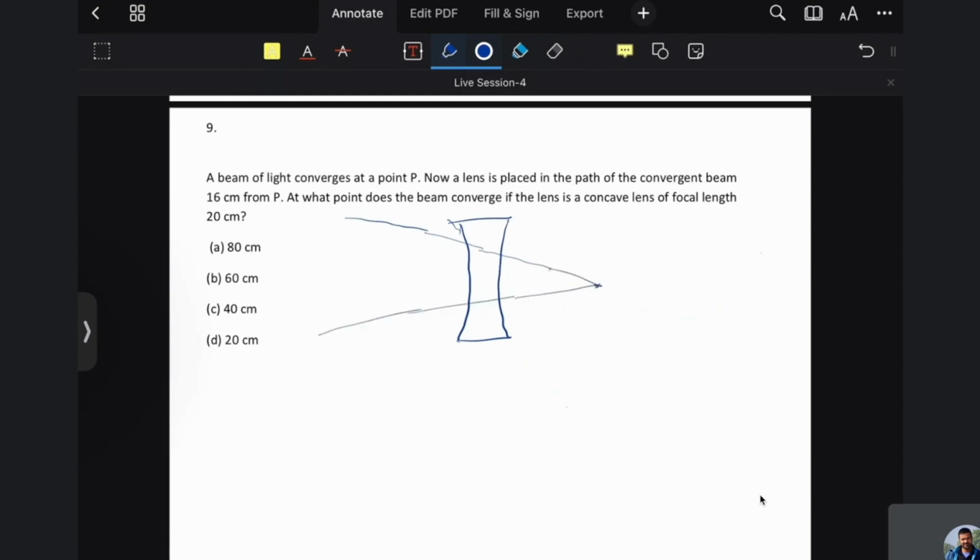It was converging at some point P. Now when the lens is there, it will diverge the rays a little bit, and now they will meet somewhere here, Q. So we want to know this distance, and we are given the focal length of the lens. Can one of you suggest how to solve this problem? And this P is given, and this is 16 centimeter.